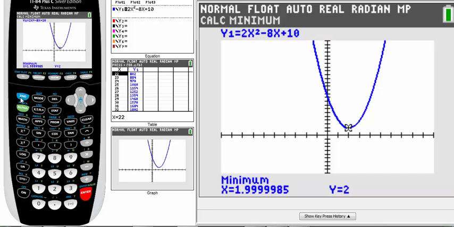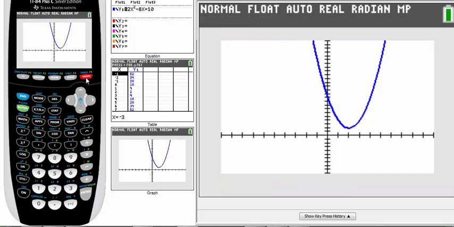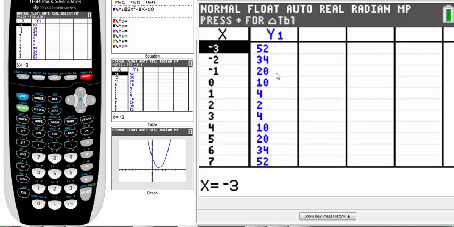And let's go to second table and see what our table tells us. Okay, so here we go into second table. If we look at our table, here's this point 2, 2, and if you notice, 2 is the lowest value that we see here. All of these values are higher, so are these.